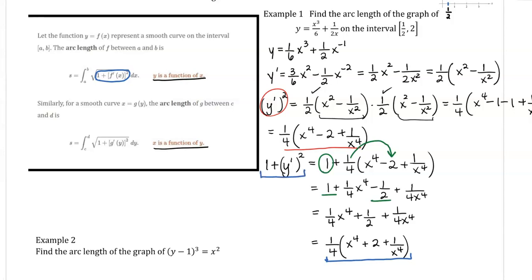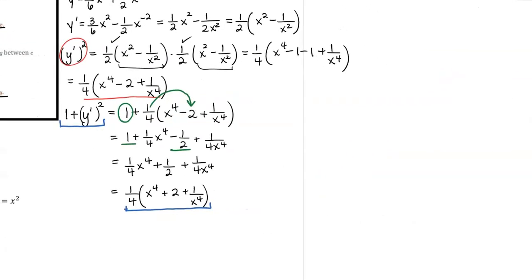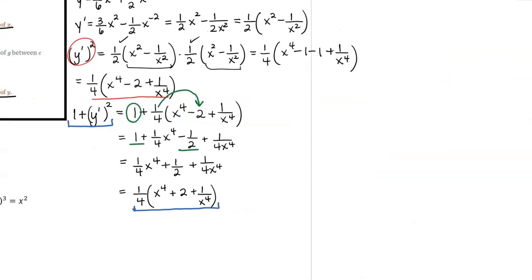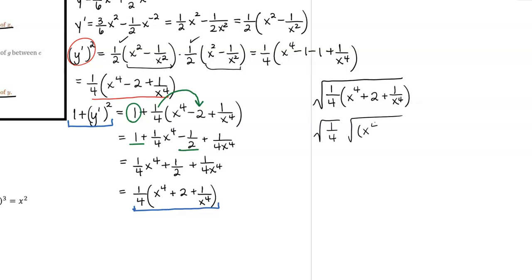So now let's look at what the square root of that expression is. I'm going to go off to the side here. So I'm going to be taking the square root of 1/4 x to the 4th plus 2 plus 1/x to the 4th. Let's go ahead and just break that up into the square root of the 1/4 and then the square root of everything else.